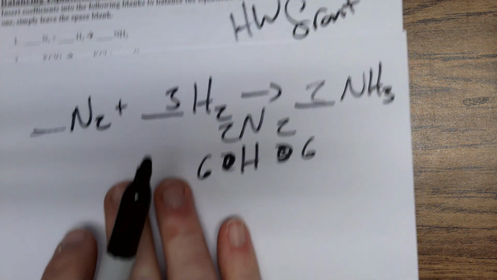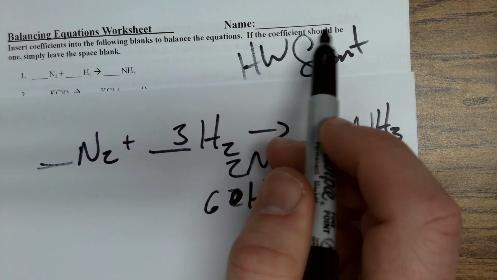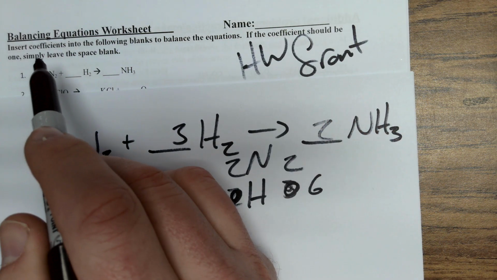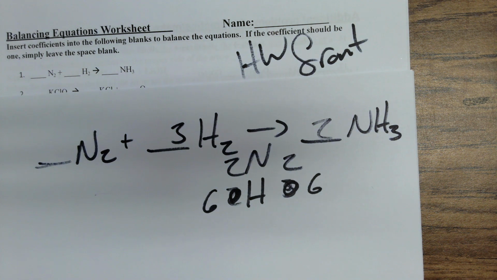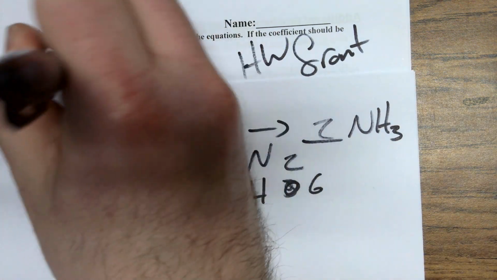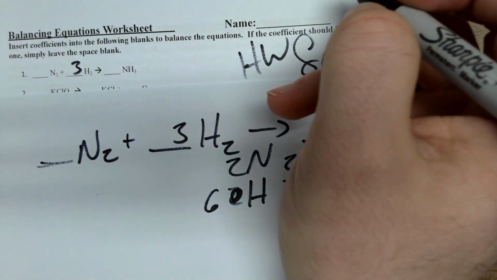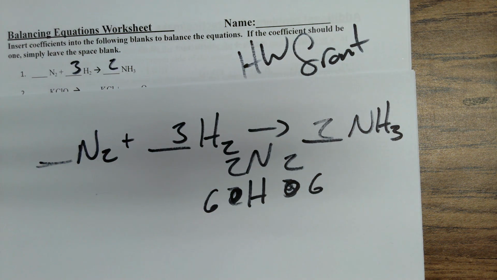No. Because my rule is, if the coefficient should be 1, leave it blank. So I leave it blank. So my correct answer is N2 plus 3H2 equals 2NH3. These are just the coefficients. That's all we're doing.